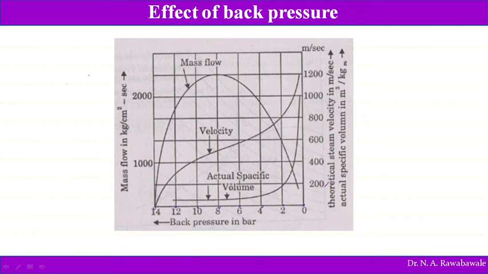Negative pressure means vacuum is created in the condenser. Now if the pressure is lowest, maximum amount of enthalpy can be converted into useful work. So the lower the back pressure, the higher will be the work done.